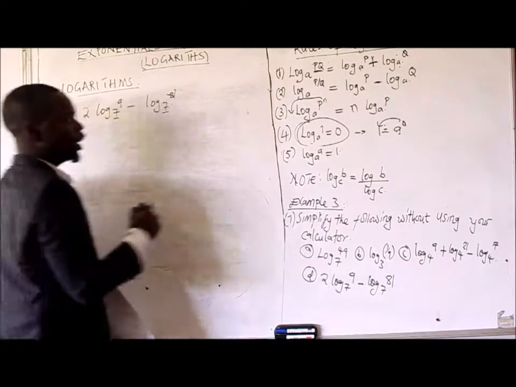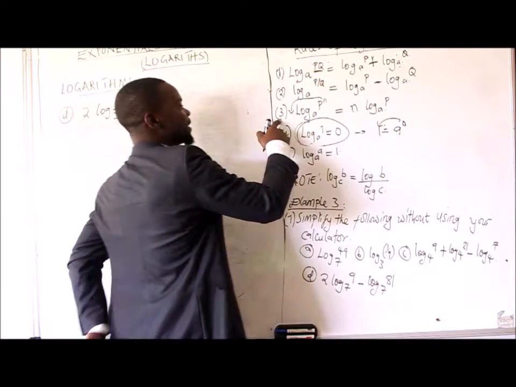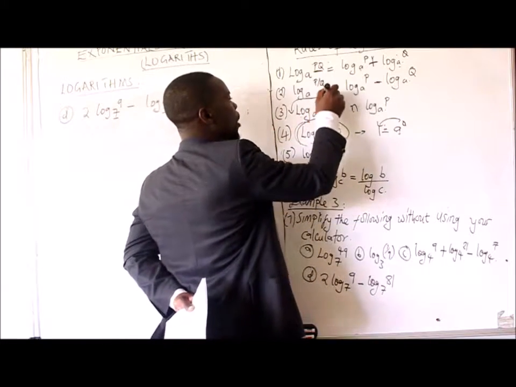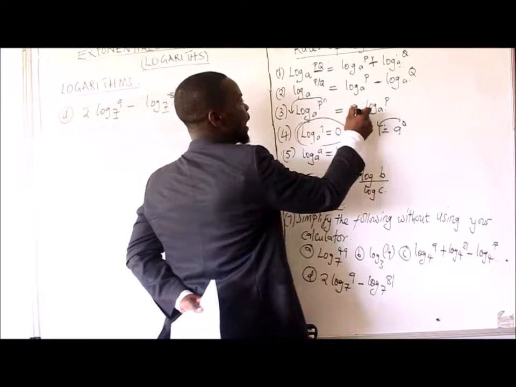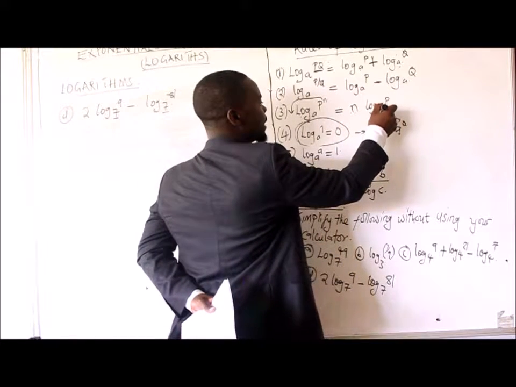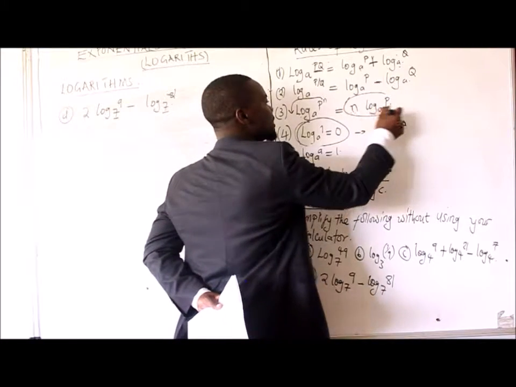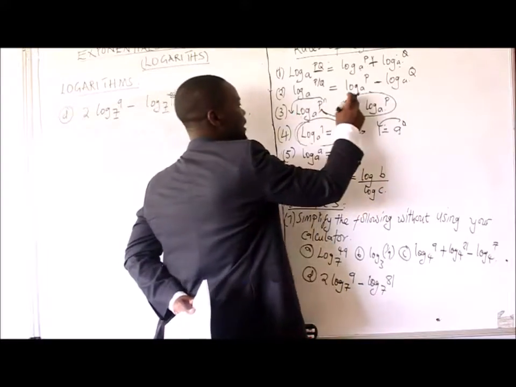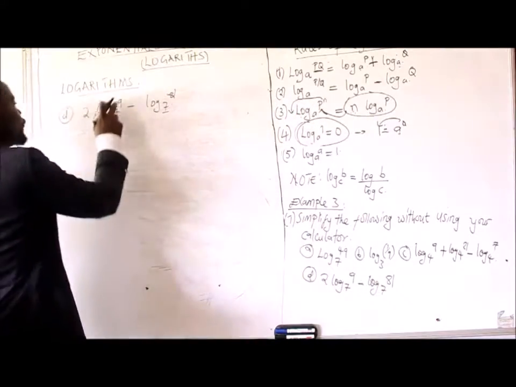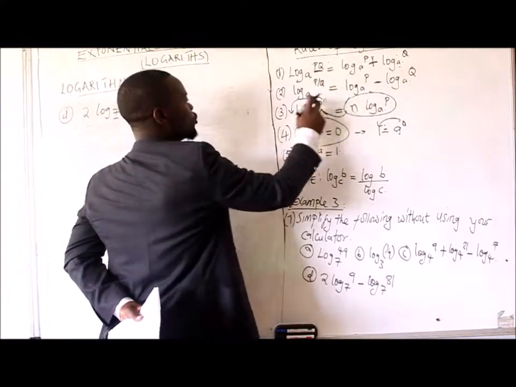Rule 3 is saying that log of P to the power n base A is the same as bringing this n to this side, n log of P base A. So this expression is the same as this expression. Let's convert this expression to this form.